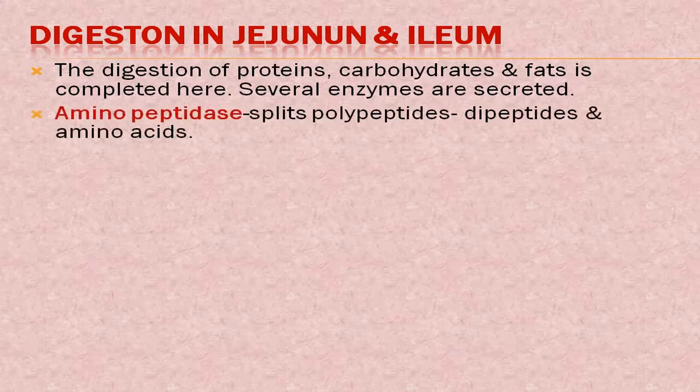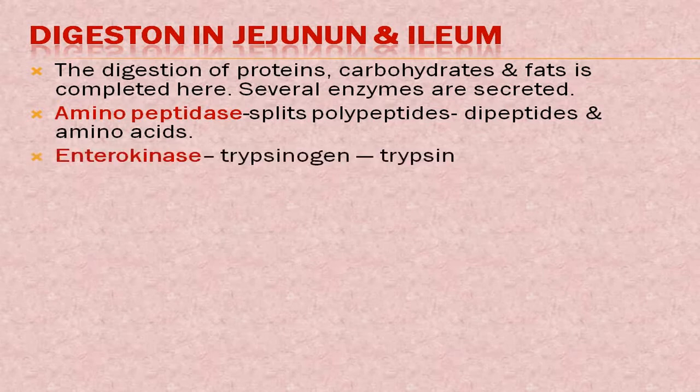The enzymes which are secreted by the wall of the intestine are aminopeptidases. They split the polypeptides into dipeptides and amino acids. Dipeptide means the molecules which have only two amino acids, and into simple amino acids. Another enzyme that is secreted by the wall of the intestine is enterokinase.